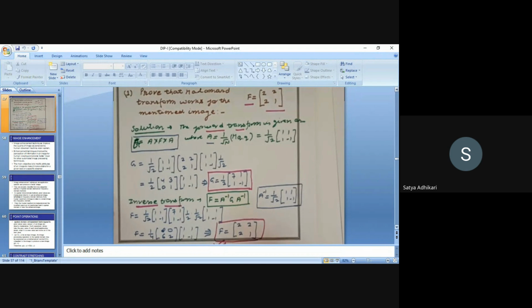Similarly, second row, first column, 1 into 7 minus 1 into 1, 6. Then second row, second column, 1 into 1 minus 1 into minus 1, 2.